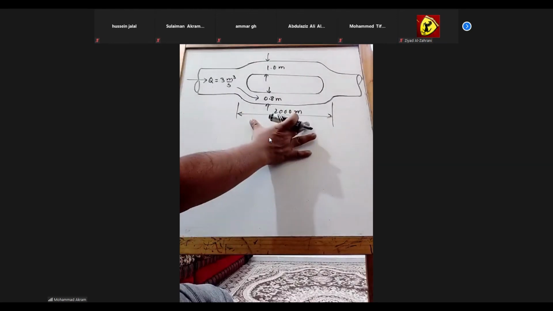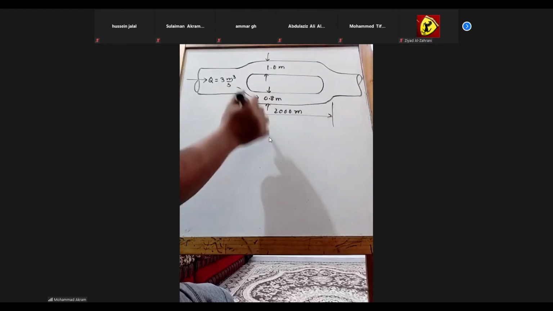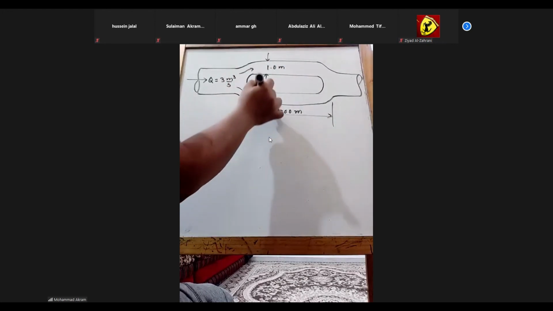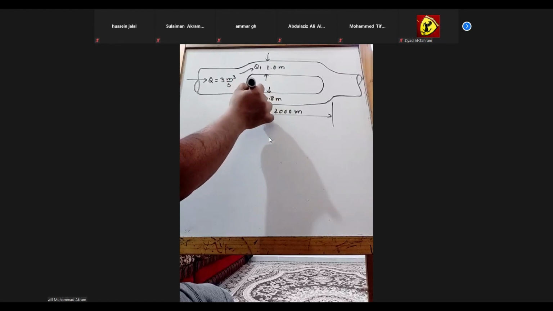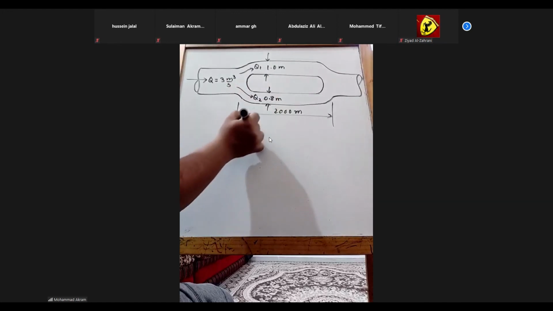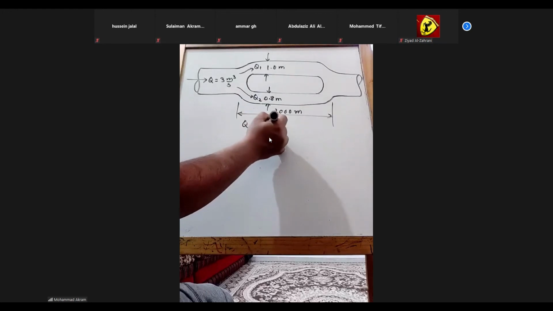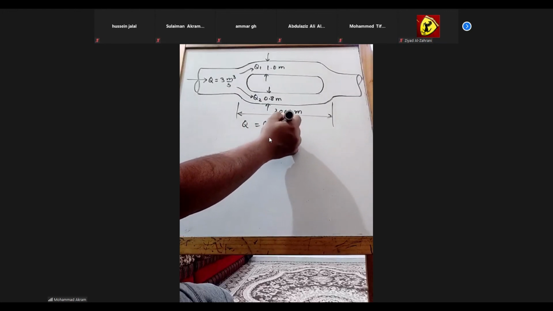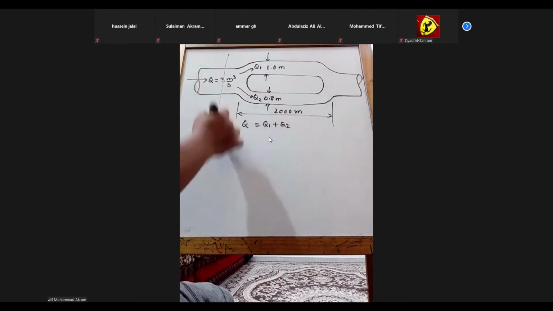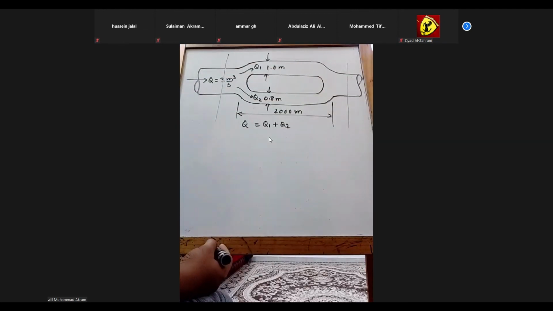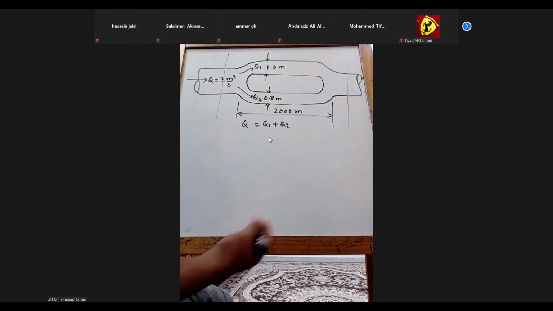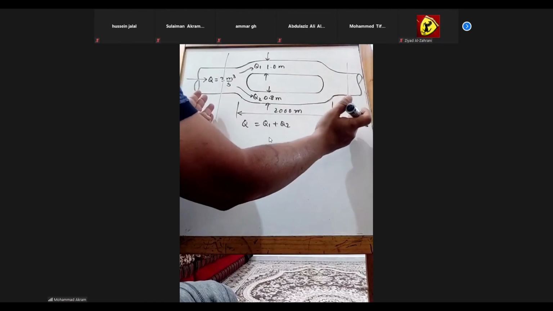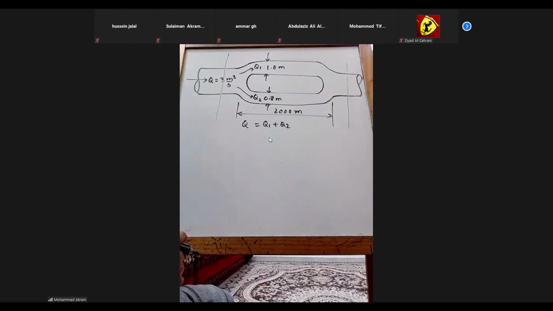So since the length is same, the discharge is going to be, say this is Q1, this is Q2. Q will be equal to Q1 plus Q2. And if you apply it between these two locations, the head loss due to friction is going to be the same.